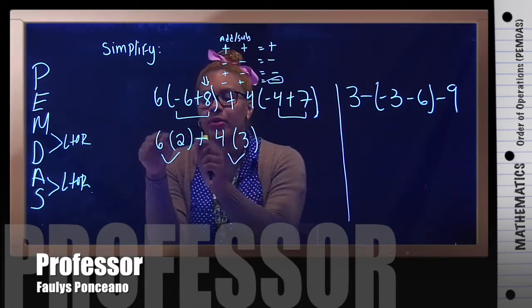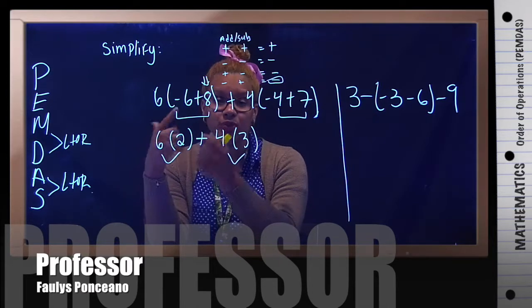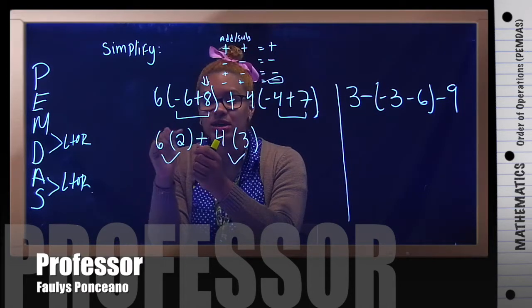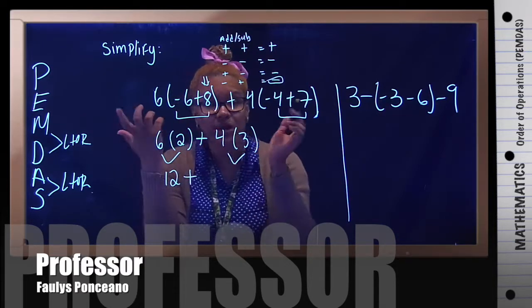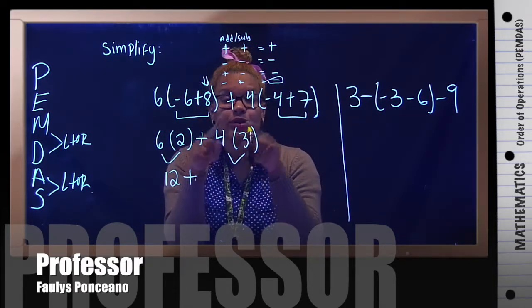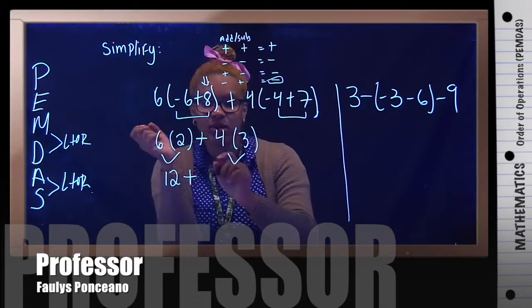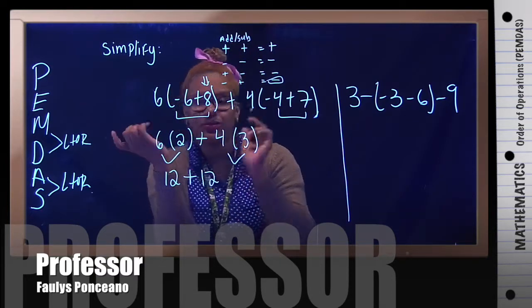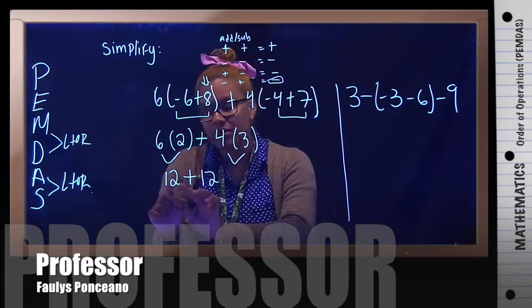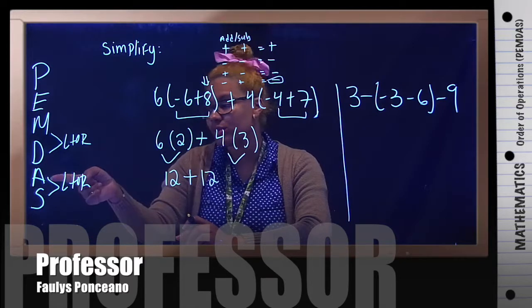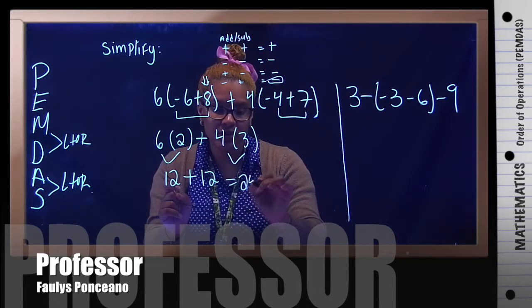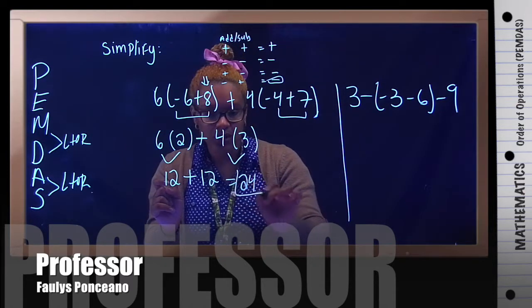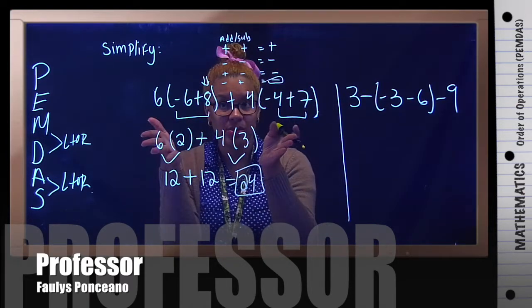Please remember that parentheses are also signs of multiplication. So 6 times 2 gives you 12. You bring down your positive, and then 4 times 3 gives you 12. You bring down your 12, and now you add. No division, so we go to addition. 12 plus 12 gives you 24. And that's the answer for this example here.